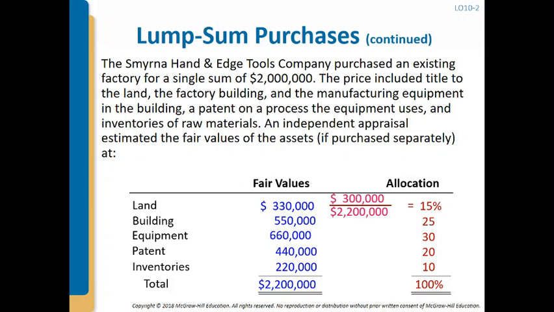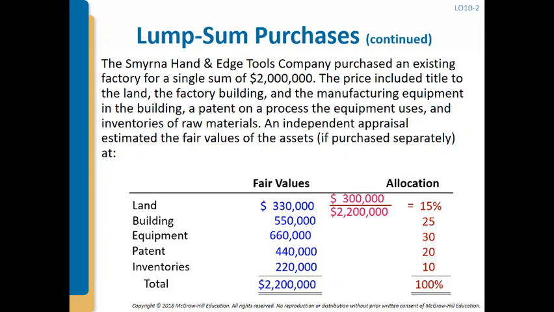And so, for instance, and when you look at this, they've got this totally wrong. This should be 330,000 over 2.2 million, not 300,000. So that is an error on the author's part.